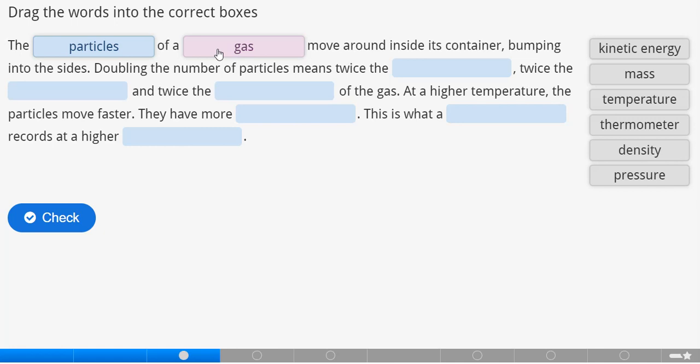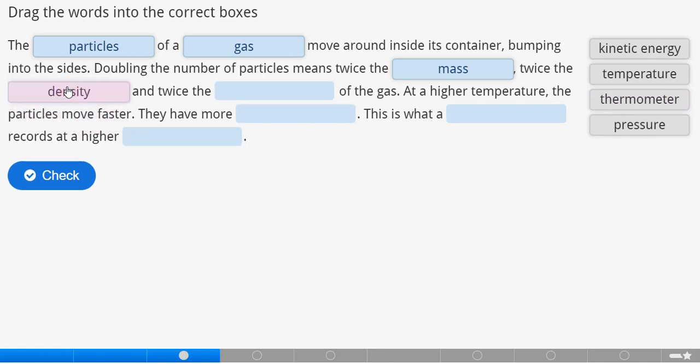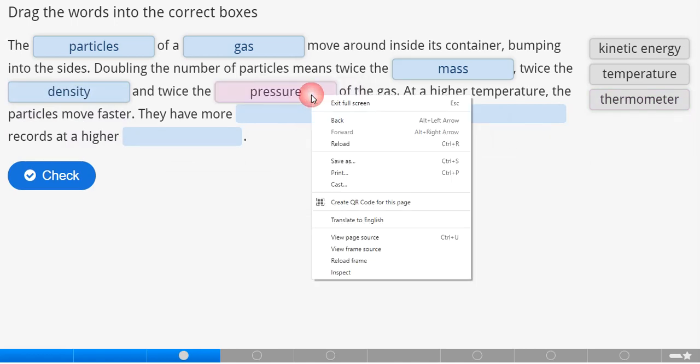Doubling the number of particles means twice the mass, twice the density, and twice the pressure of the gas.